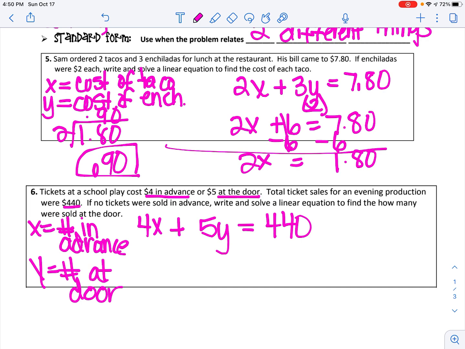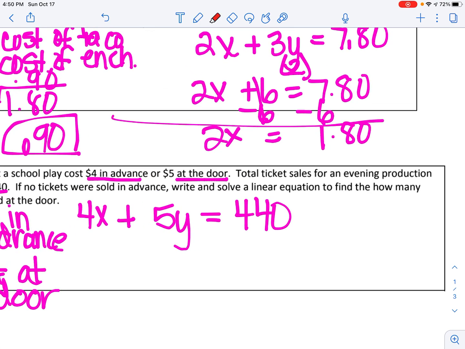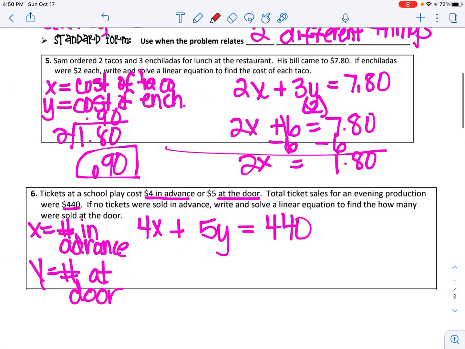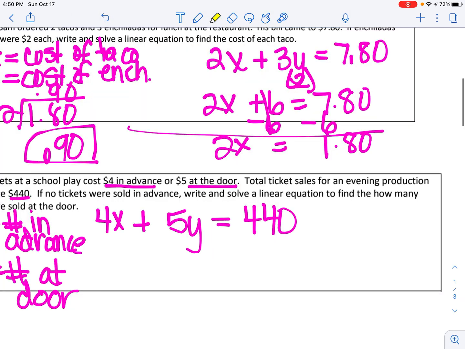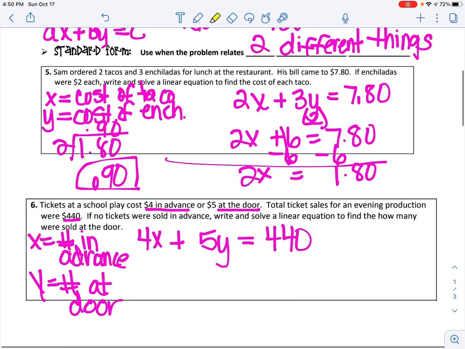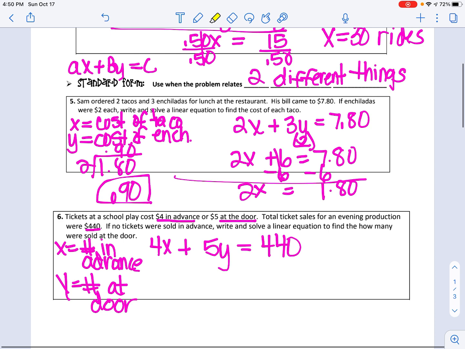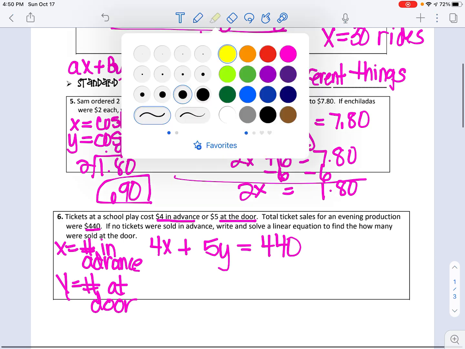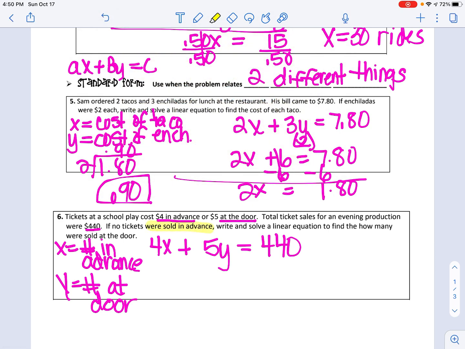Now, if they tell us no tickets were sold in advance, then my x is going to be 0.